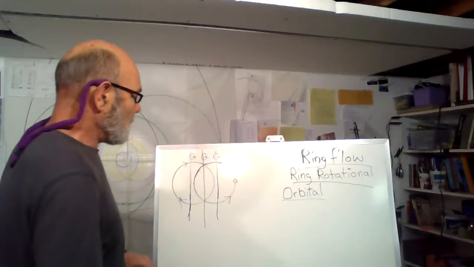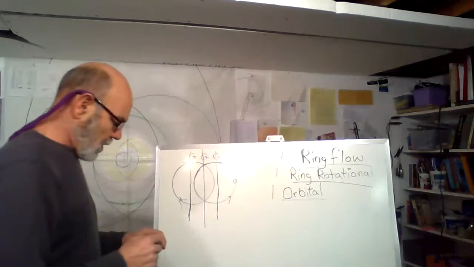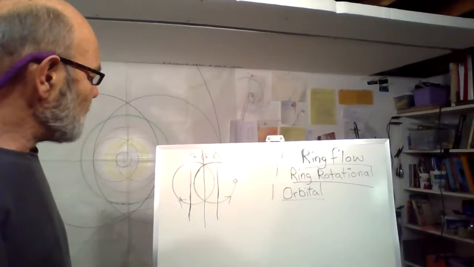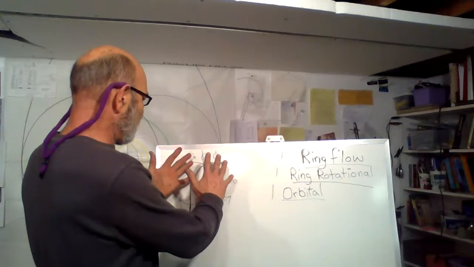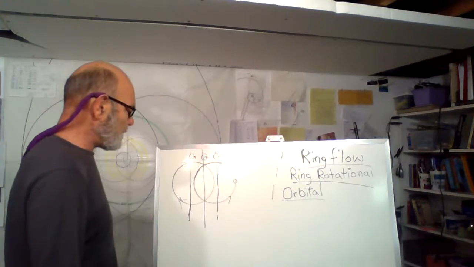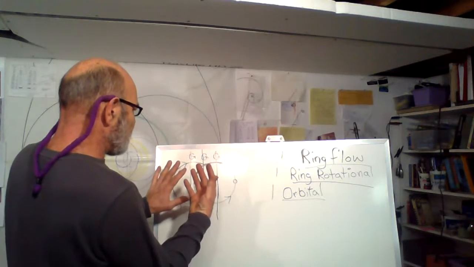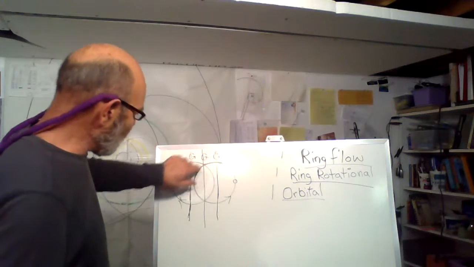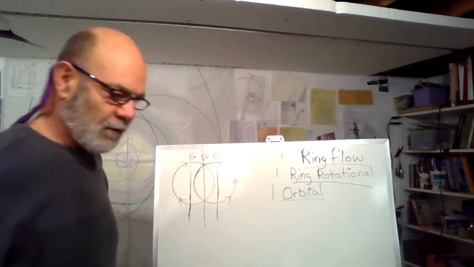So I'm saying that this and this and this is all a one-for-one motion, that as this makes one full turn, the whole structure orbits in one full turn, and that the rings, these rings, flow in one full turn.